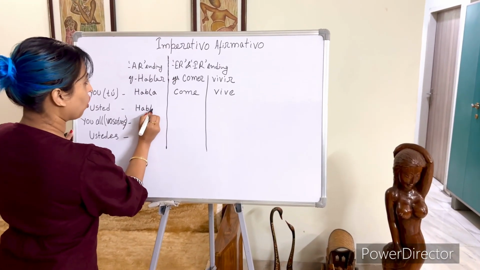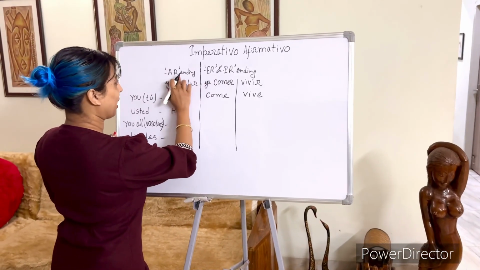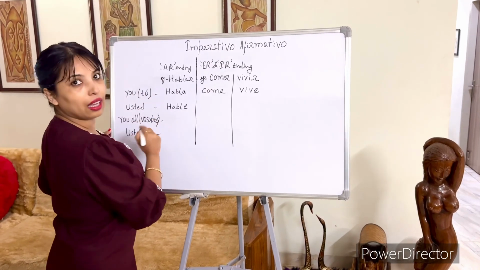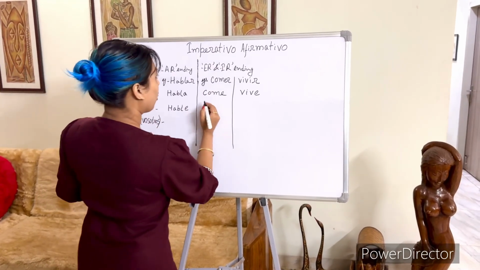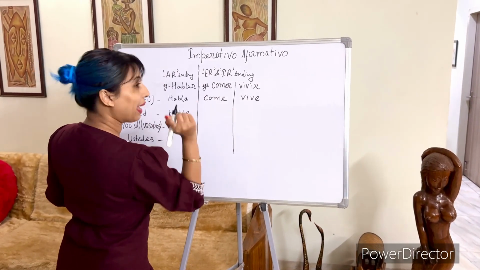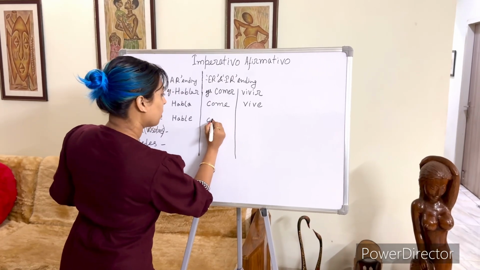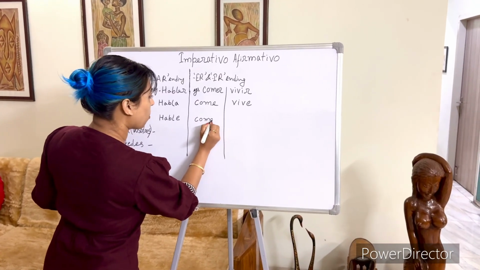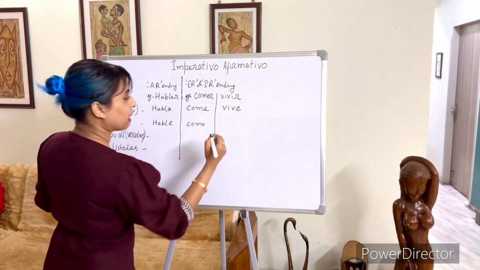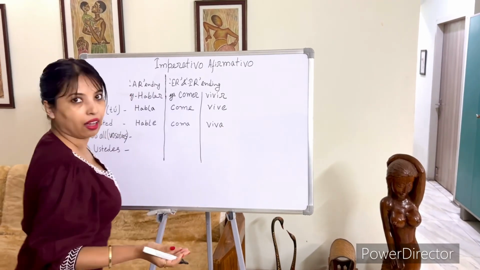and the last O you are supposed to replace it with, for an AR ending verb, E: hable. And for an ER or IR ending verb you are supposed to replace it with A. So como will become coma, and vivo will become viva.